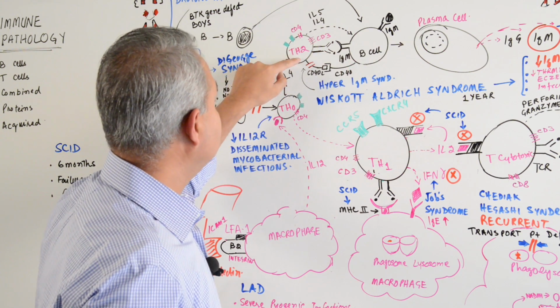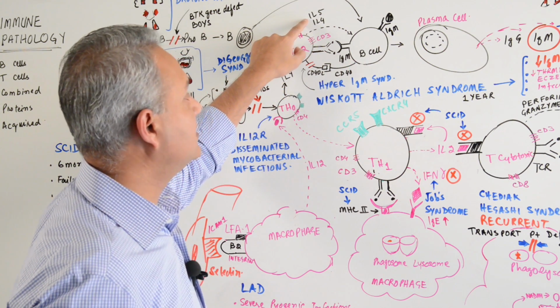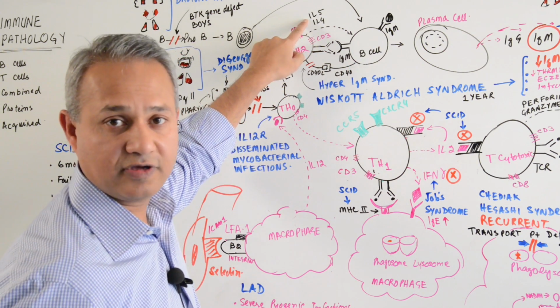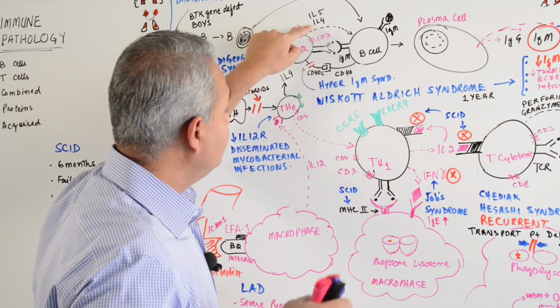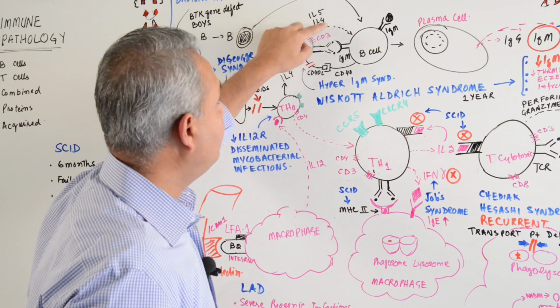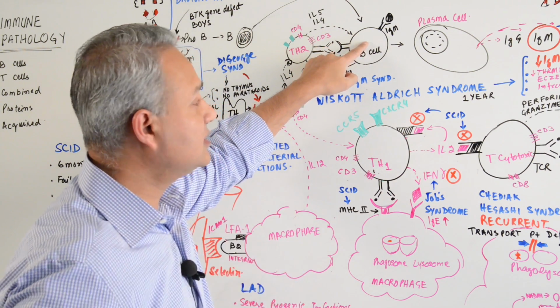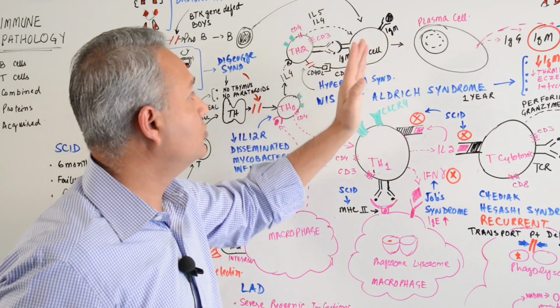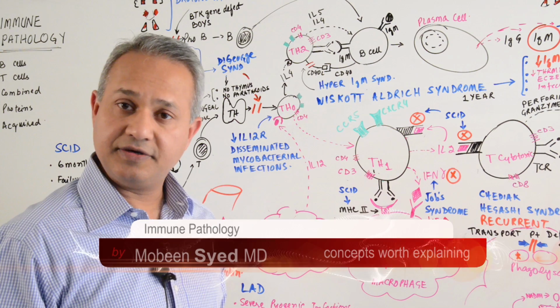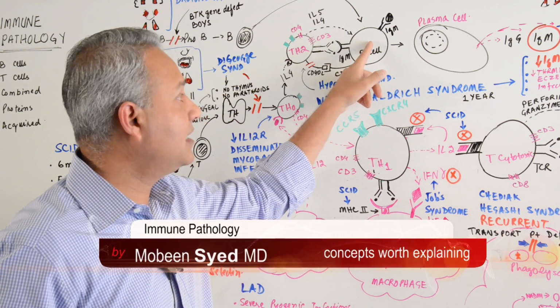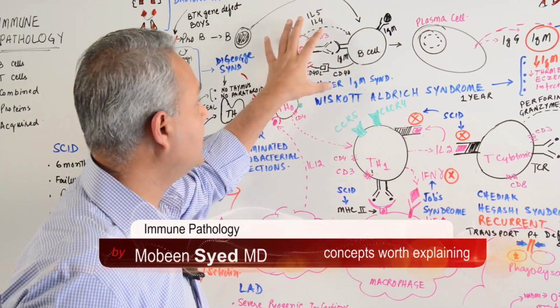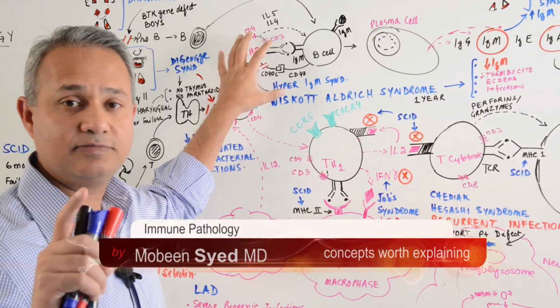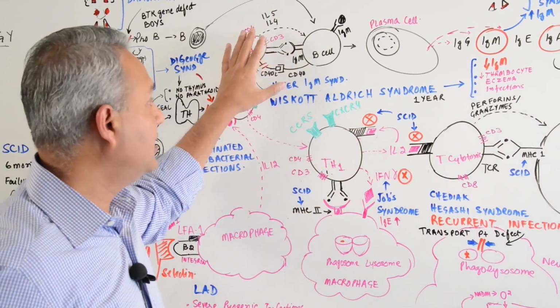In addition to the signals, the T helper 2 cell would also release interleukin 4 and 5. The function of these two, we talked about before. IL-4 causes class switching in the B cell, from releasing IgM to releasing IgE. So remember, IgM can be released by a B cell without the help of a T helper cell. So this is important for pathology now.